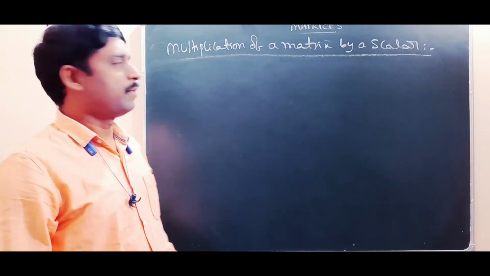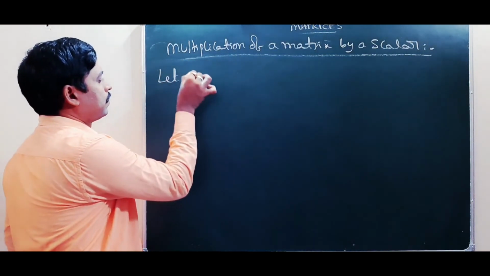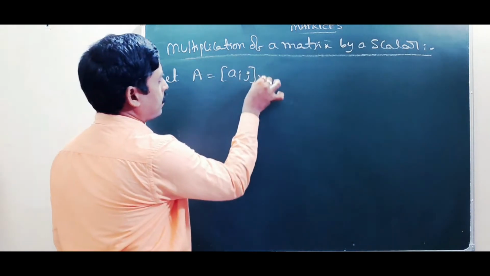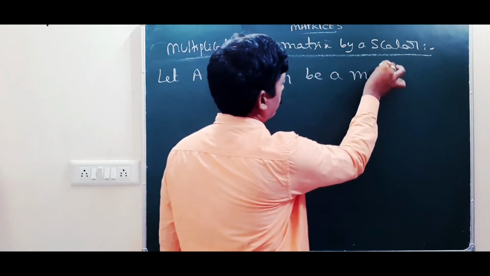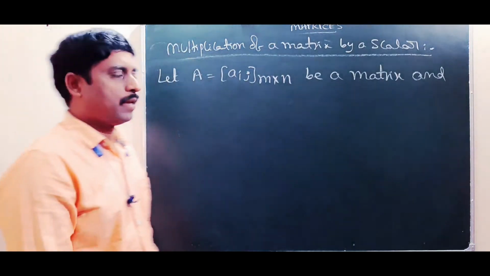Now multiplication of a matrix by a scalar. Let A equal Aij, an m by n matrix, and K be a number.